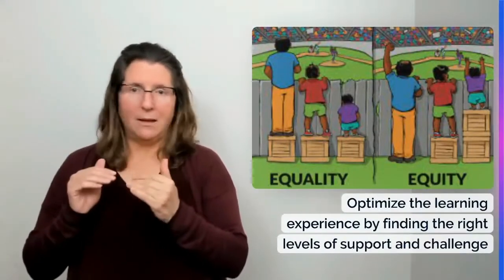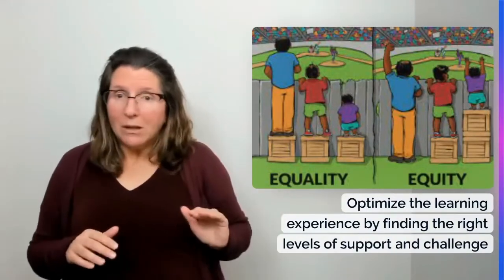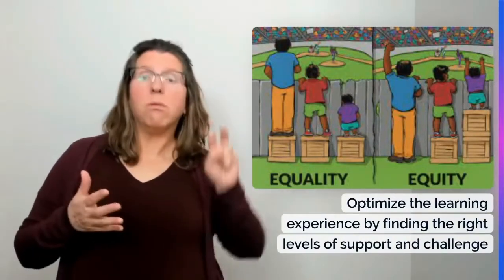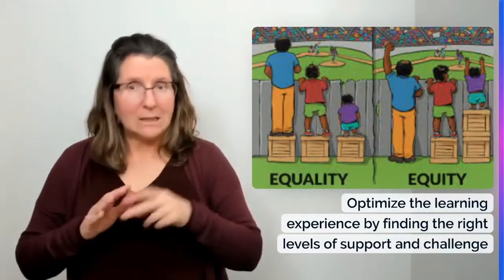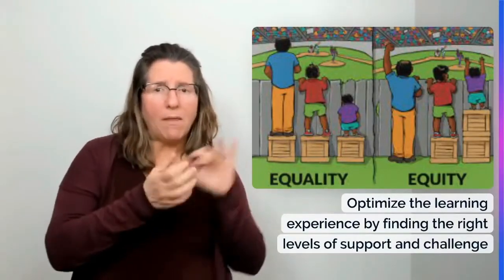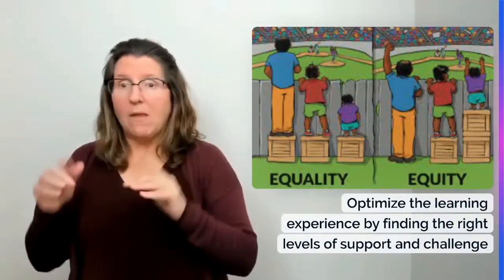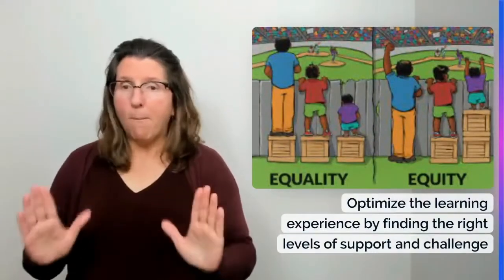Equality, giving everyone the same support, does not ensure equity. The shortest student in this image gets the same size box, but still cannot see over the fence. The level of support for one student need not be the same as the next student, and some may need no support in a given task.